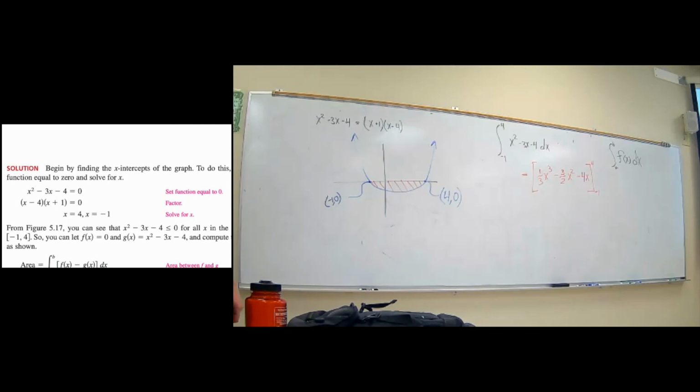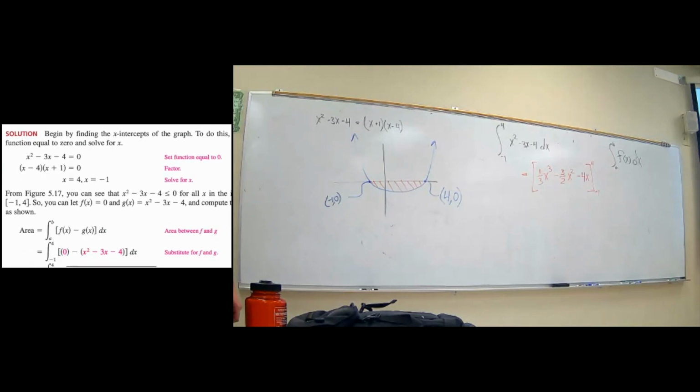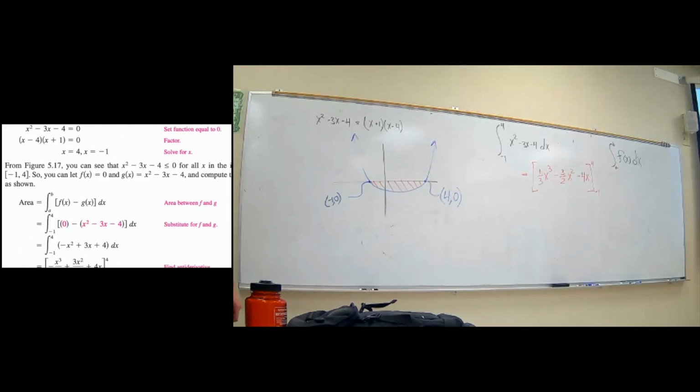That we've already seen. So since f of x is larger than this, we're going to say 0 minus that thing. Notice I have a boo-boo in my work, don't I? Why is that?